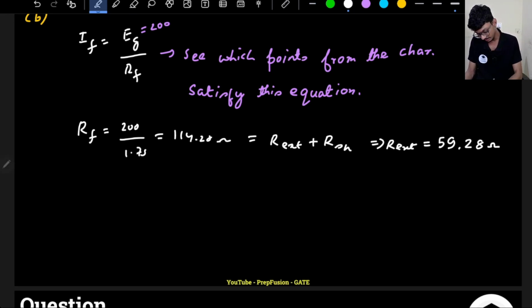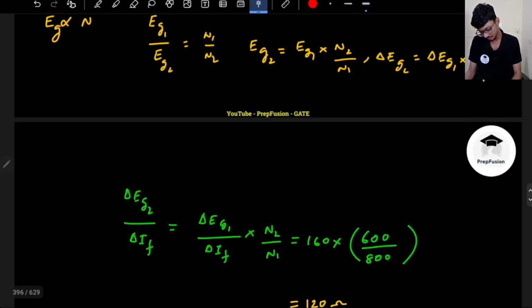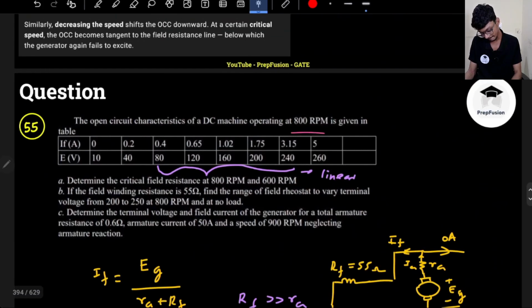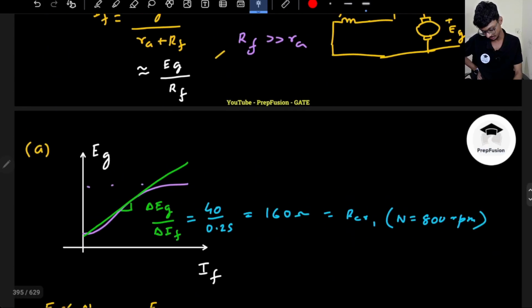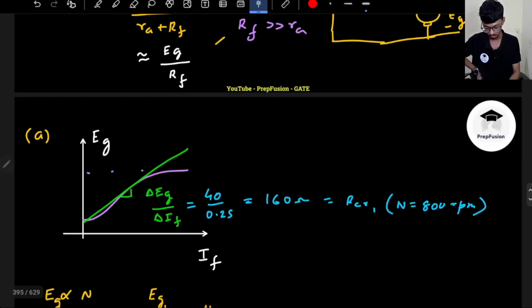Now this is case one, right? Now what are they telling? They're telling me that I want my terminal voltage to be 250 also. Here I don't see a 250, so again I have to do a bit of approximation. My curve, I have to assume to be linear here, although it is almost saturating, but unfortunately I have to assume it to be almost linear. In this region I will assume it linear.